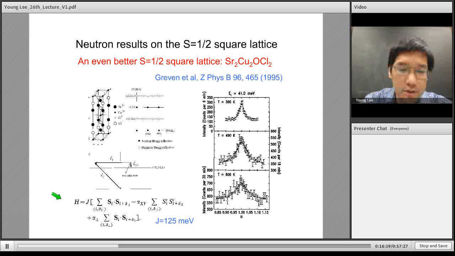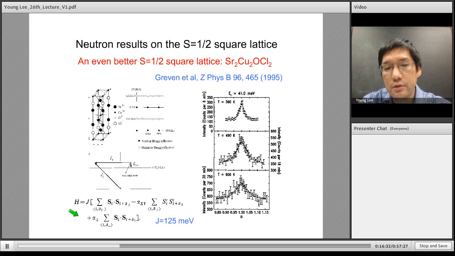It has very small XY-like anisotropy, and this is just the 3D coupling, which is very small. And so measurements were done also in the Birgeneau group by Greven and coworkers. And here J is about 125 millielectronvolts.